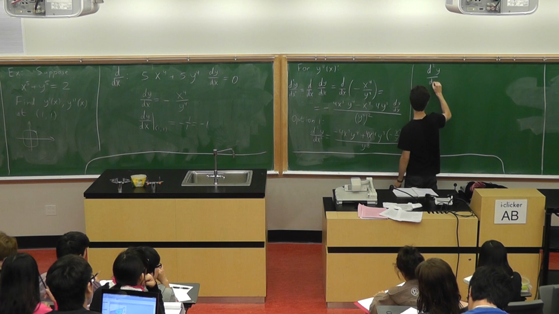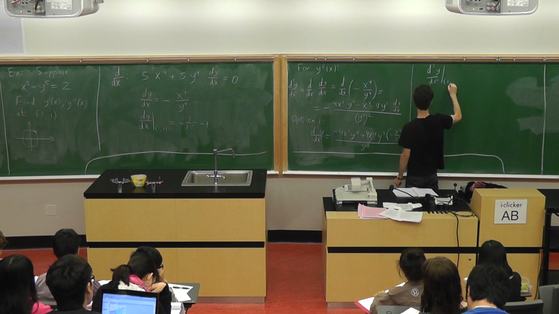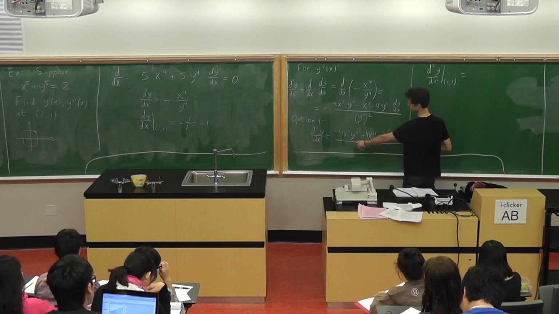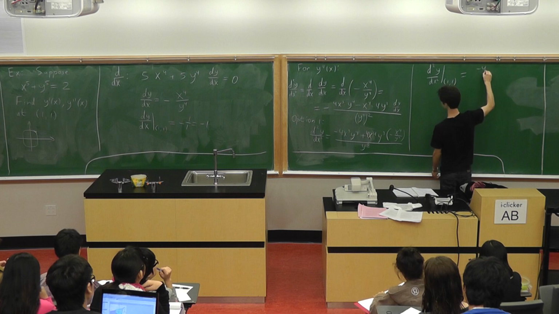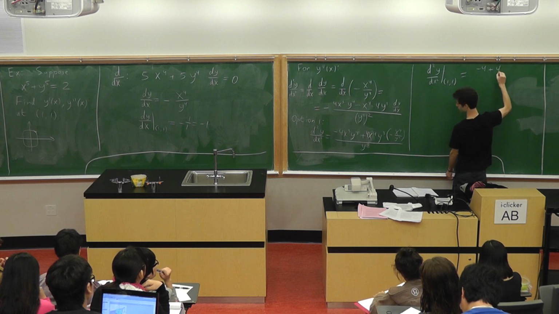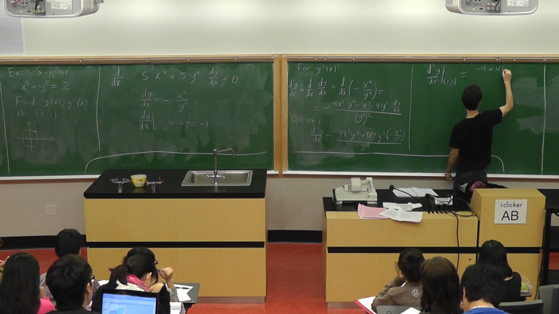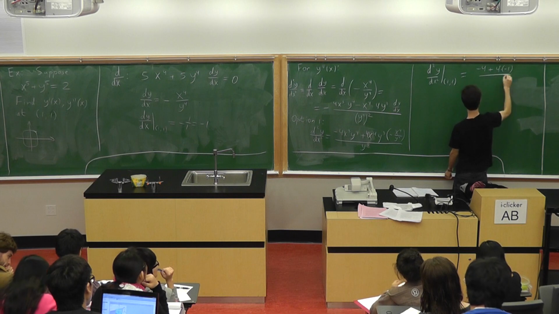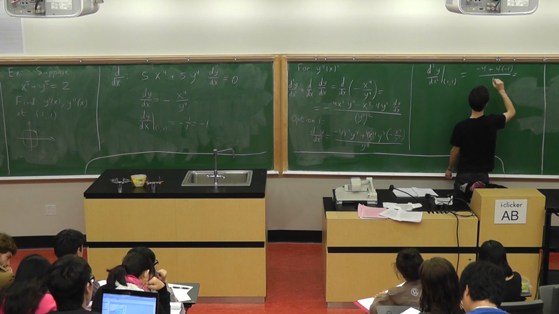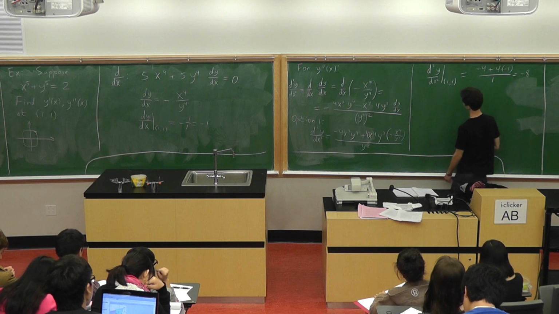The second derivative at the point 1, 1 is minus 4 plus 4 times minus 1 divided by 1. So it is negative.